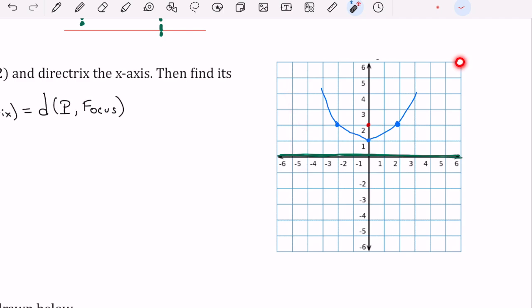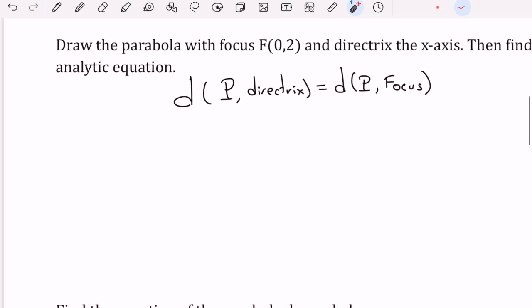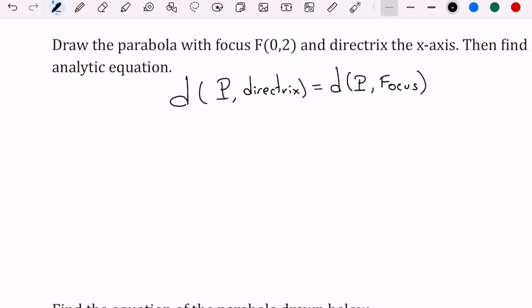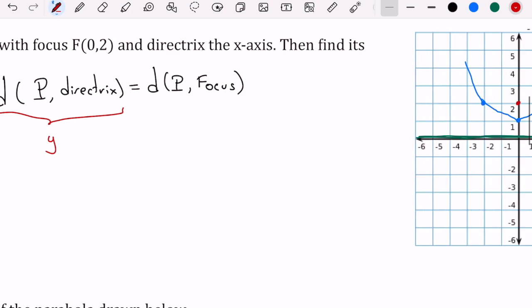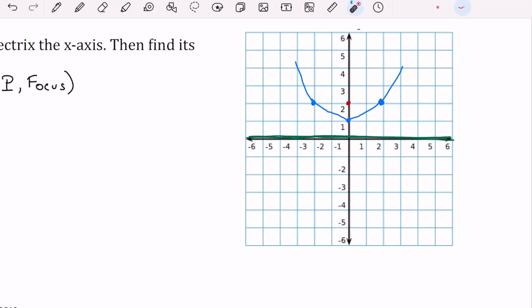Right now, we're only going to use horizontal directrices. So the distance from the point to the directrix analytically is just this. If my point is x, y, this is just y, because for any point x, y, the distance from this point to the directrix is y.